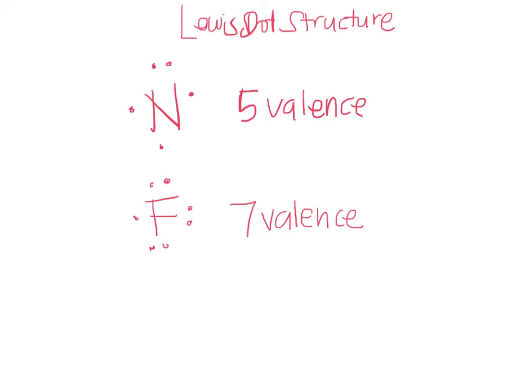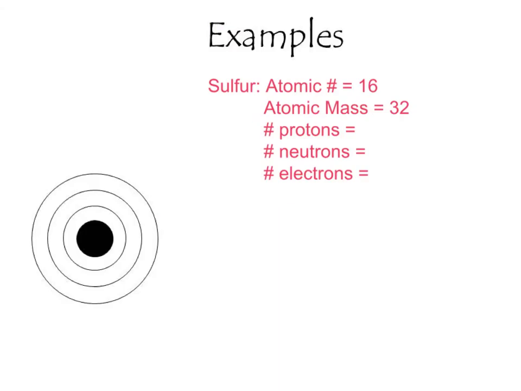We're going to move on and do a different example where we deal with calculating the number of protons, neutrons, and electrons, filling out a Bohr diagram, and then doing the Lewis dot structure. So as in your notes, let's look at sulfur. Sulfur has an atomic number of 16 and an atomic mass of 32. The number of protons is the same as the atomic number.